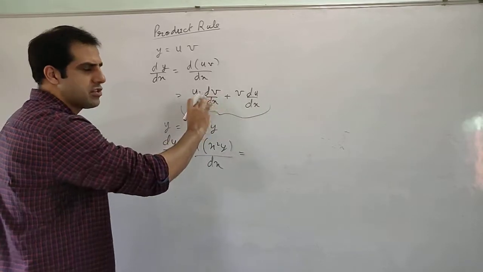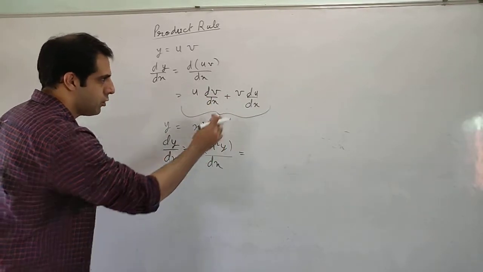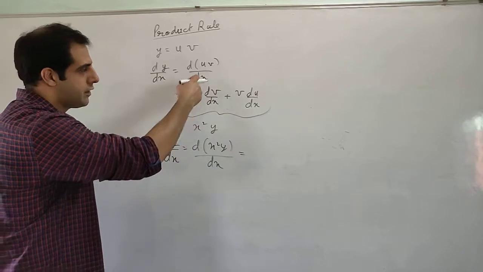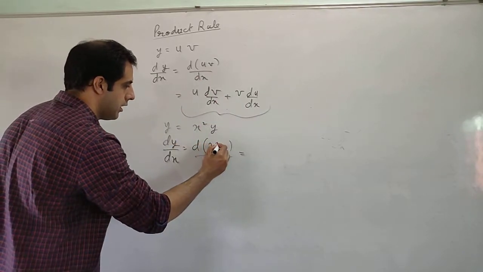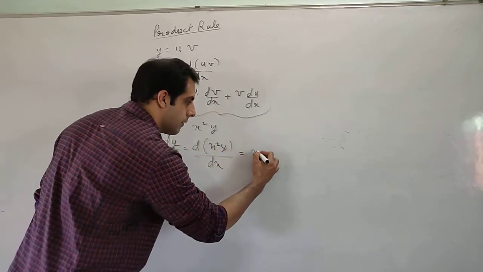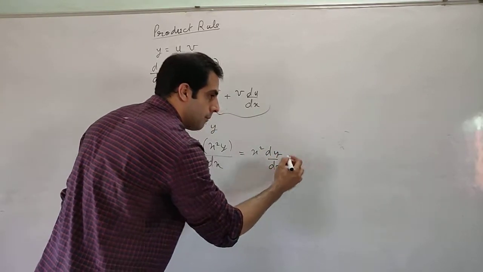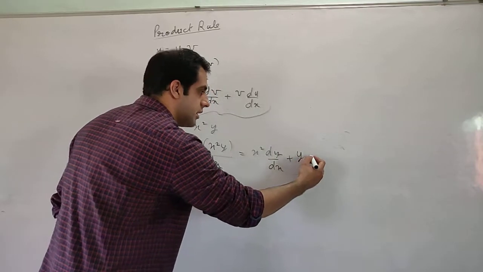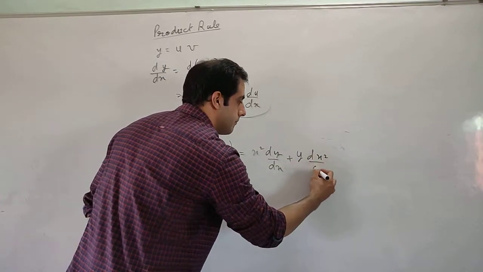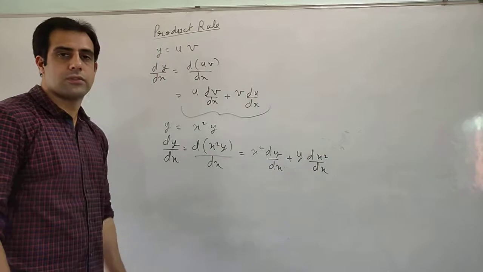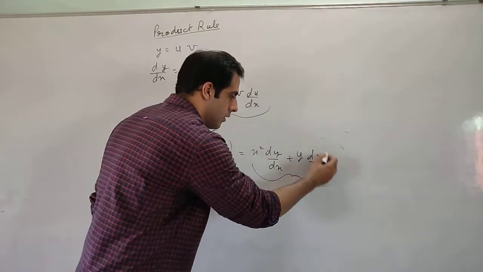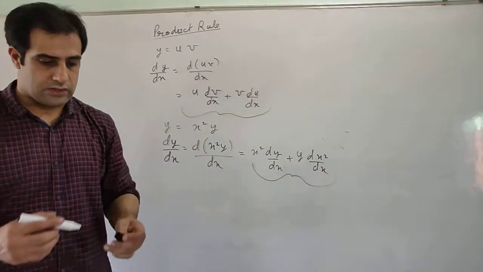It does not matter which one you are taking first. Both you can take v as a constant first and differentiate u. It does not matter. So I am taking x square as a constant and differentiating y. Plus now I am taking y as a constant and differentiating this. Okay, and if you solve this, you will get the answer.